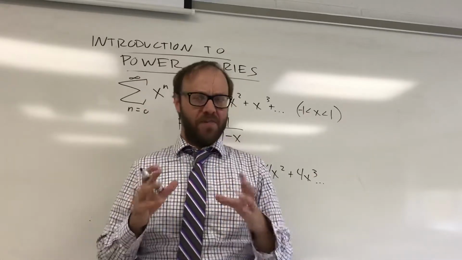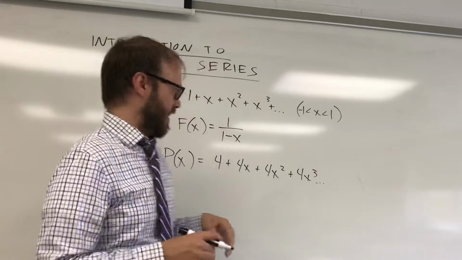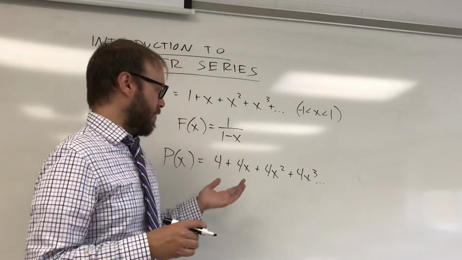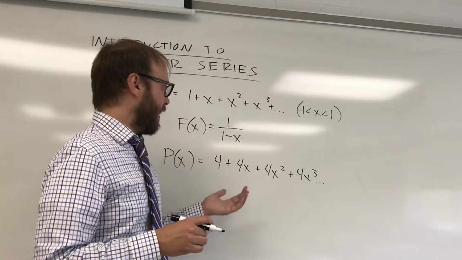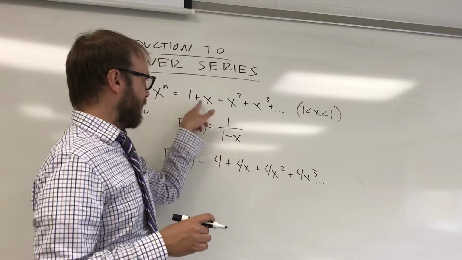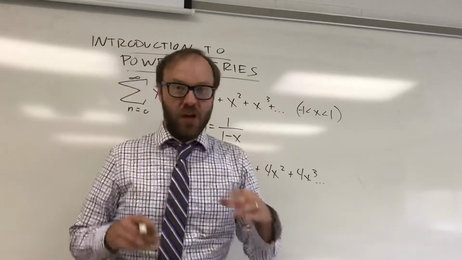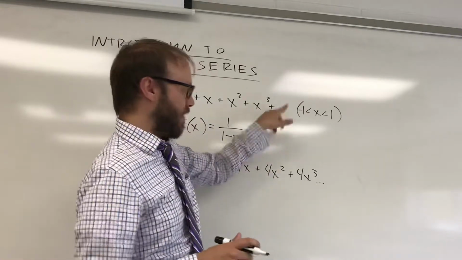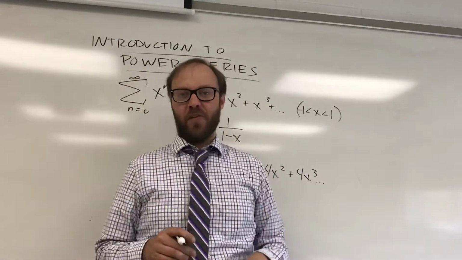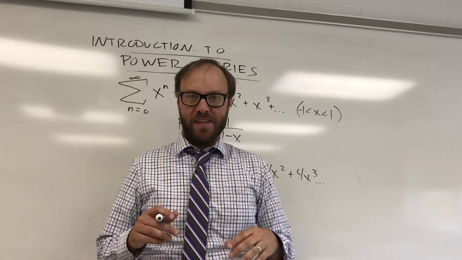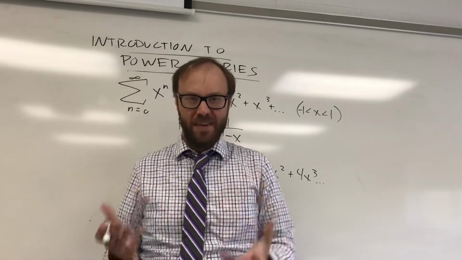And by the way, if you think about putting individual values in here, for example at 1/2, you'd have 1 plus a half plus a fourth plus an eighth plus a 16th plus a 32nd, and you're starting to get really, really small values as you get farther and farther out. You might say, wait a second, there's supposed to be infinitely many terms.